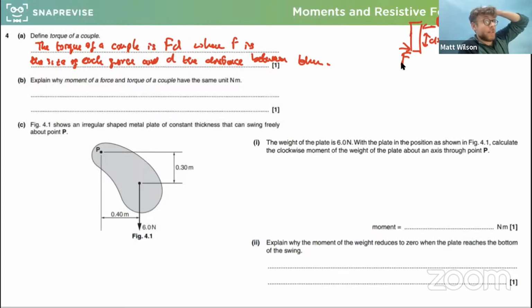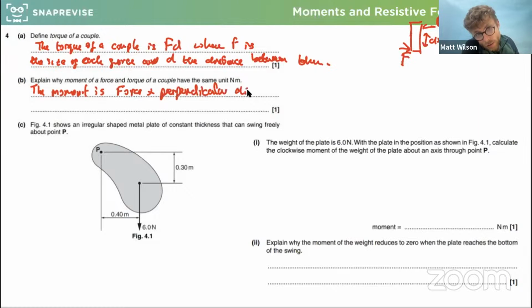Okay, next question. Explain why the moment of a force and the torque of a couple have the same unit, newton meters. Well, let's just say what the moment is. The moment is force times perpendicular distance to a point. They want to know why they're both newton meters.